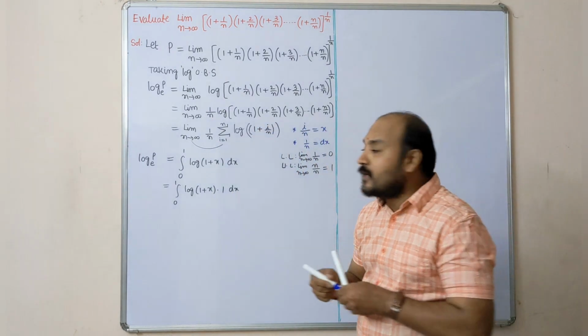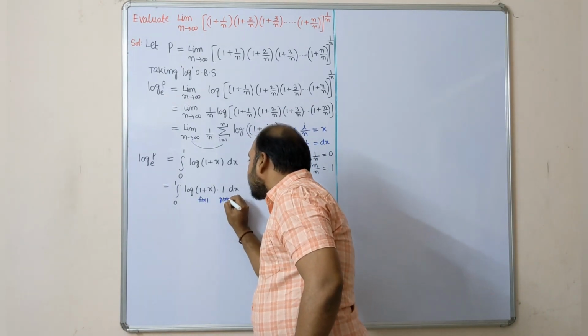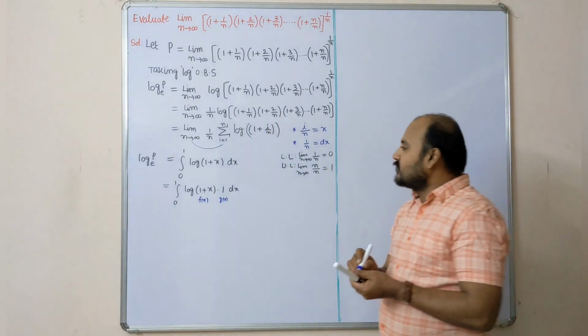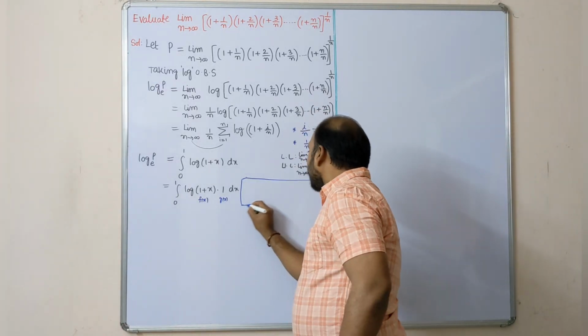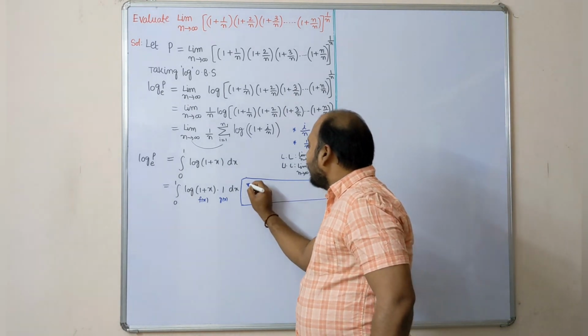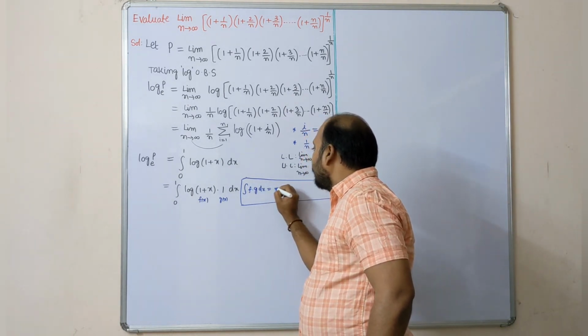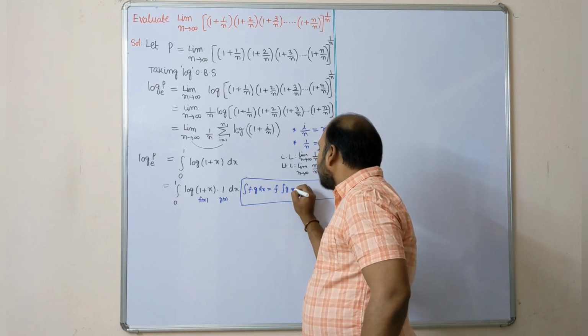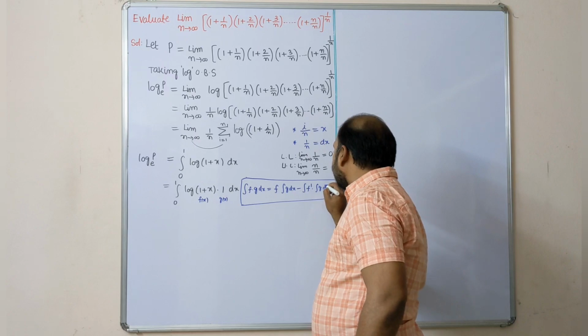By using integration by parts, this is f of x, this is g of x. Here I will write the formula for the students' convenience: integral f(x) g(x) dx equals f into integral g(x) dx minus integral of f dash into integral g(x) dx.